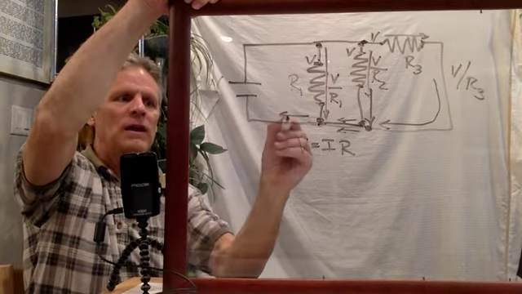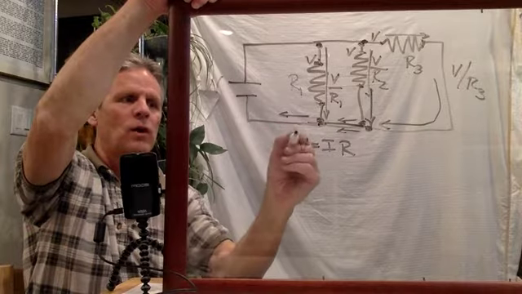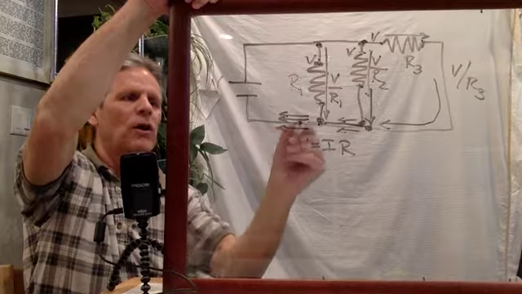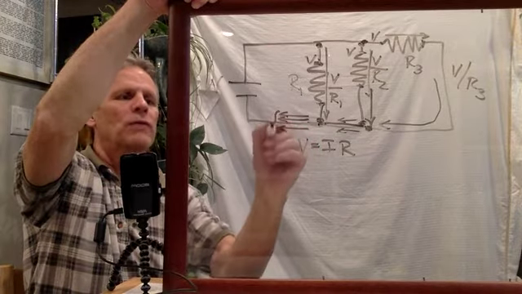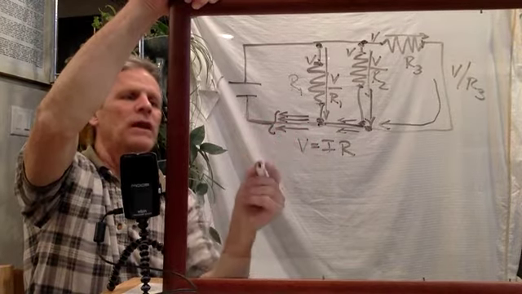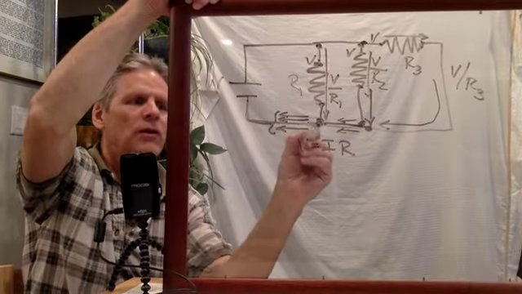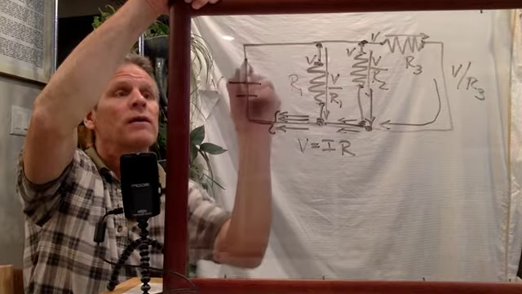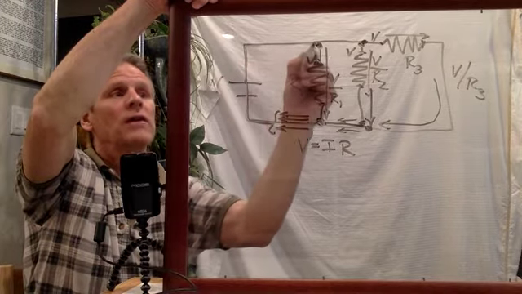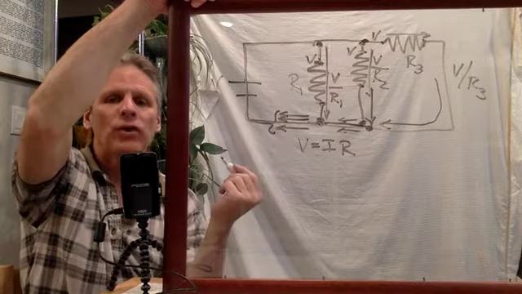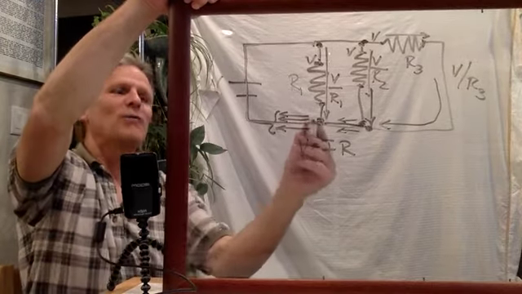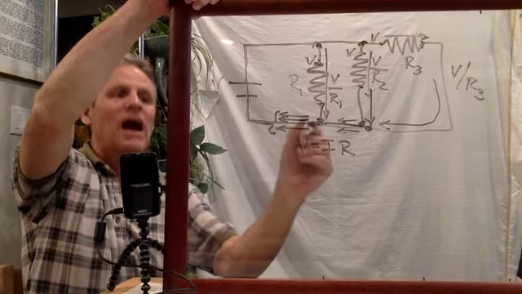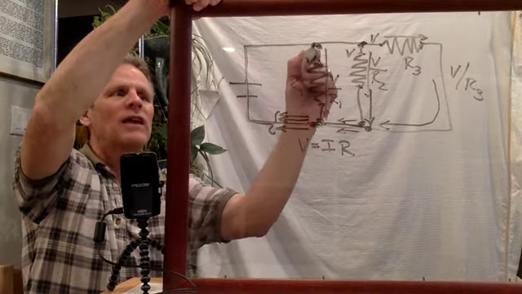So now here I have V over R1 plus V over R2 plus V over R3. I've got all three of those together, and that's the current that's right here. Now, all the way from here, through here, over to here, there is nowhere else for the current to go. Therefore, once I have figured out what the current is right here, I know what the current is all the way until I get to right here.